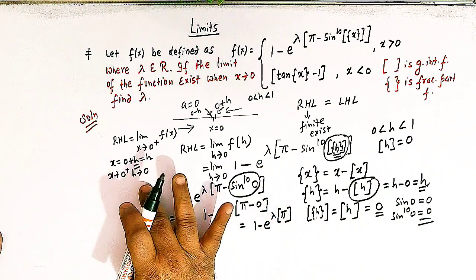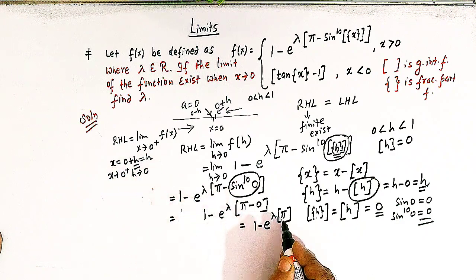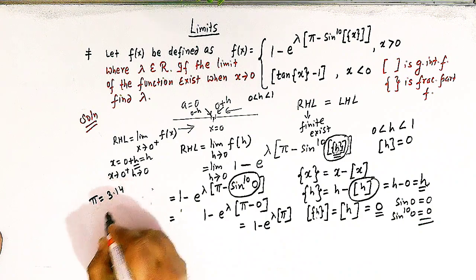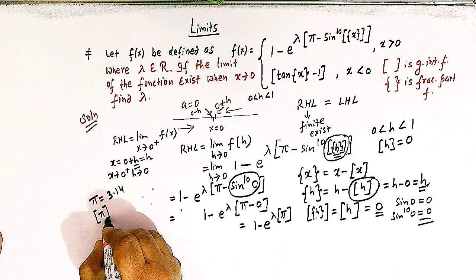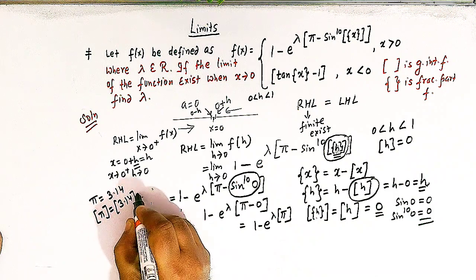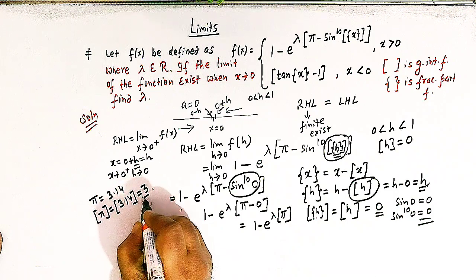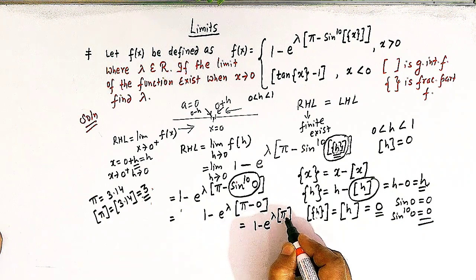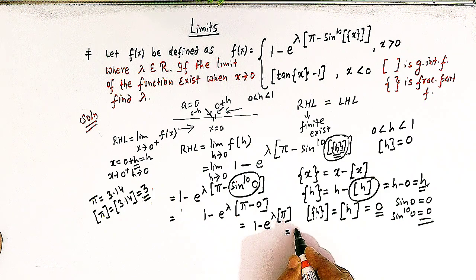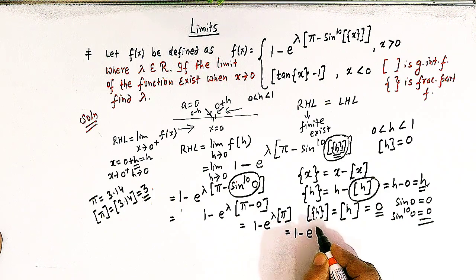We know that the approximate value of pi is 3.14, so the greatest integer of pi is the greatest integer of 3.14, that is equal to 3. So now we can write 1 minus e raised to 3 times lambda.